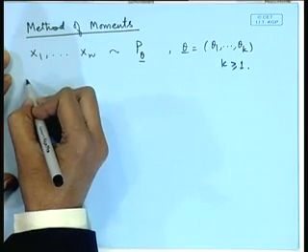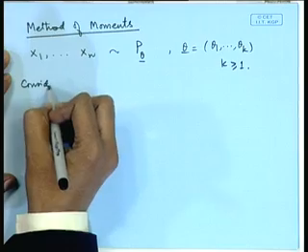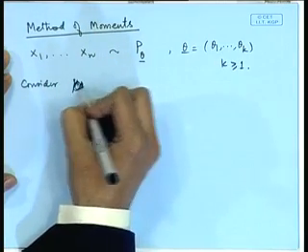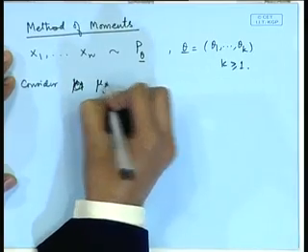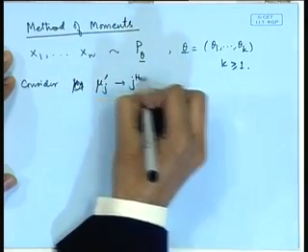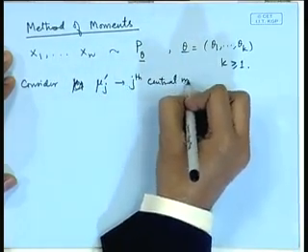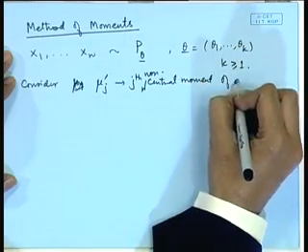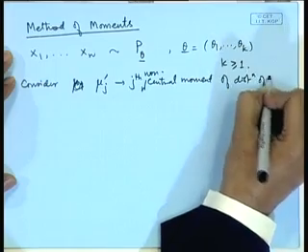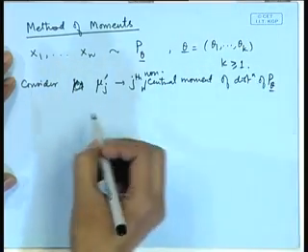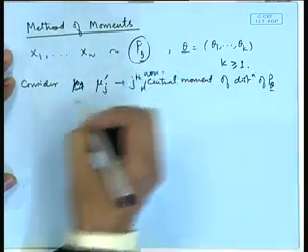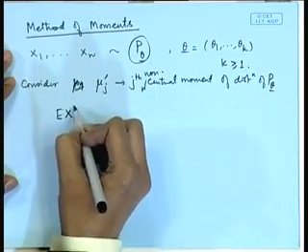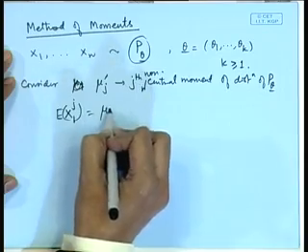What we do is consider mu j prime, that is the jth non-central moment of the distribution p theta. That means if x1, x2, ..., xn is a random sample from here, the expectation of x1 to the power j is actually mu j prime.